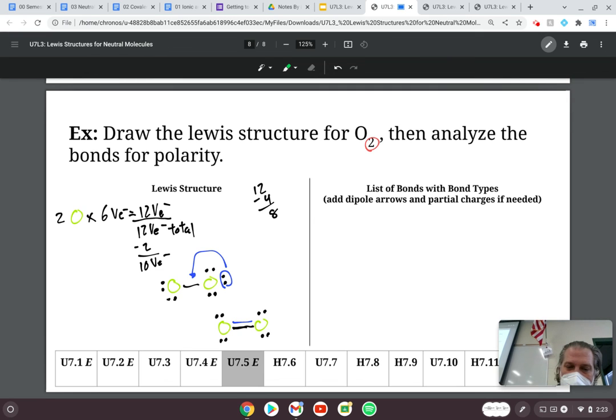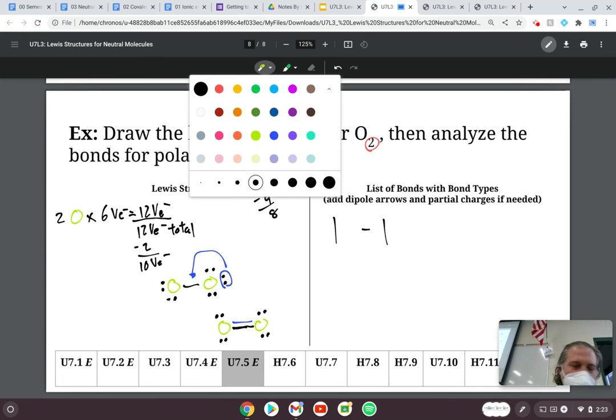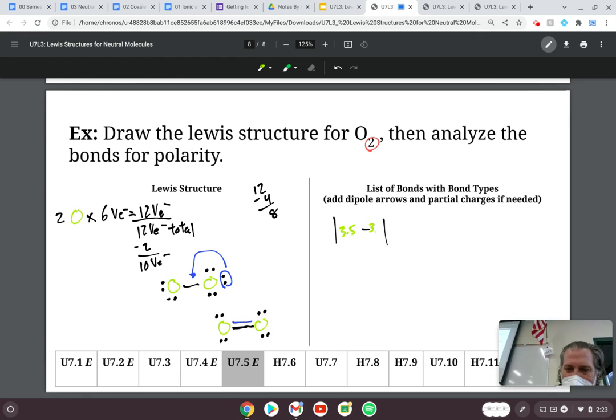So now we have to figure out electronegativity. So oxygen is 3.5 minus 3.5.